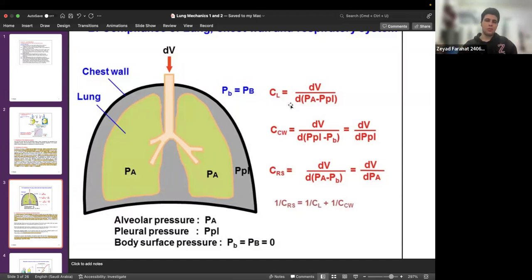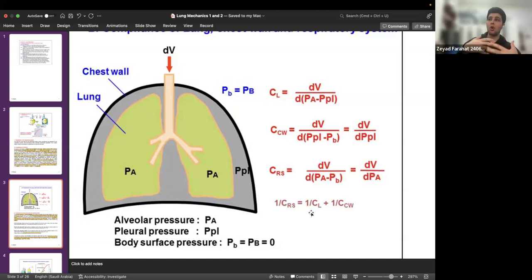You can always find the respiratory system's overall compliance, but in some scenarios you'll have to use the chest wall compliance and the lung compliance to find the overall one without breaking them down back into volume and pressure. In that case, we use this equation: 1 over the respiratory system compliance equals 1 over the lung compliance plus 1 over the compliance of the chest wall.